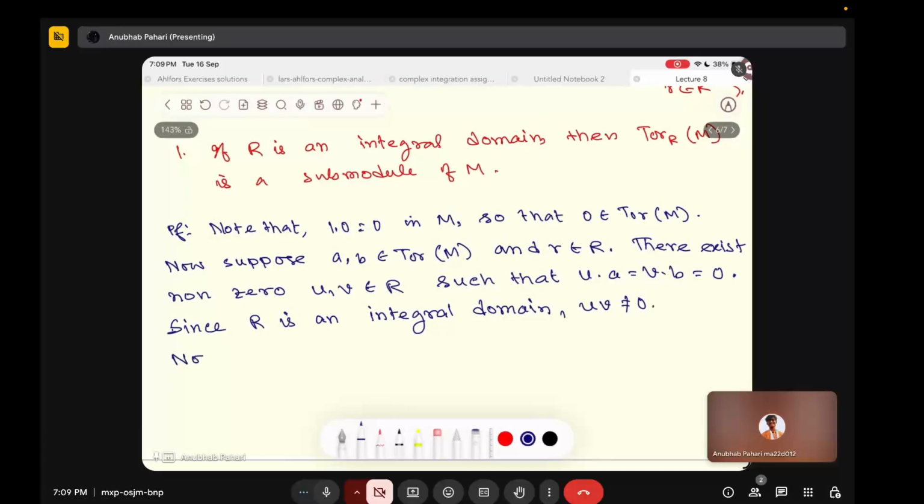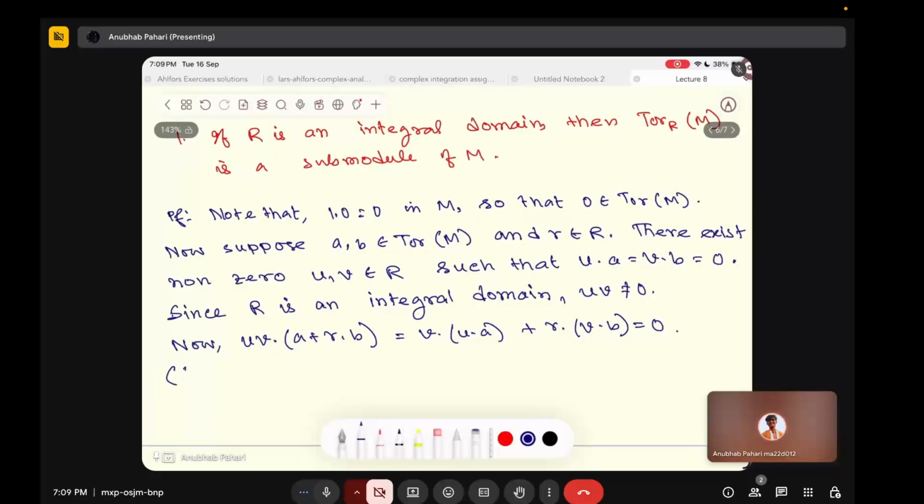Now uv dot (a plus r dot b) equals v dot u dot a plus r dot u dot v dot b, which is 0, since R is commutative.